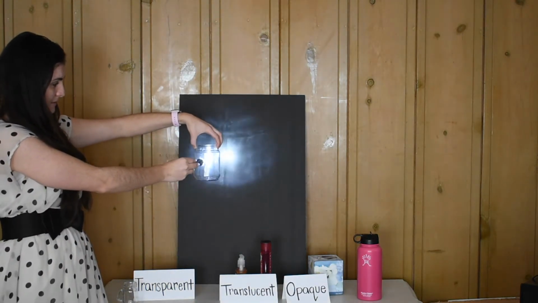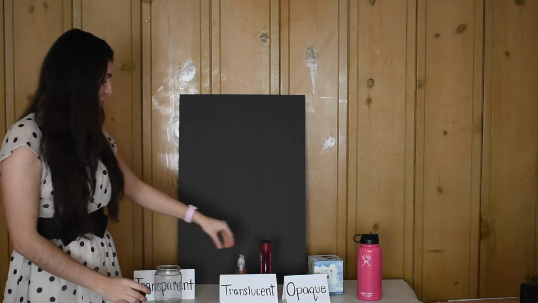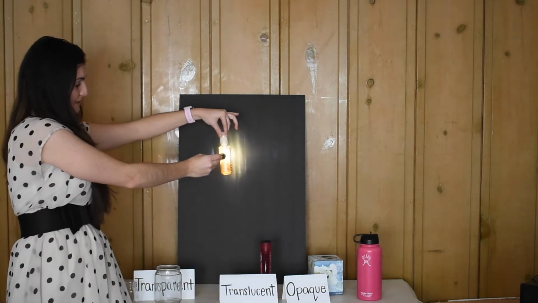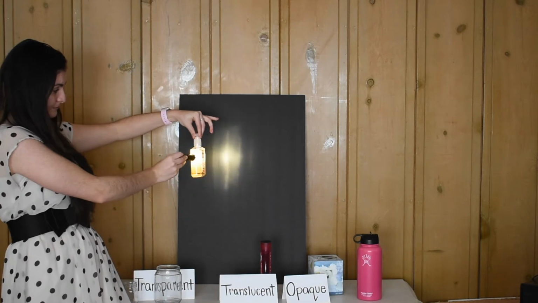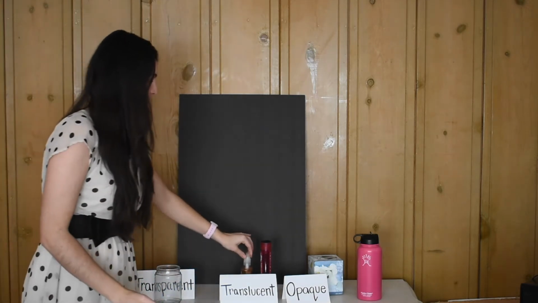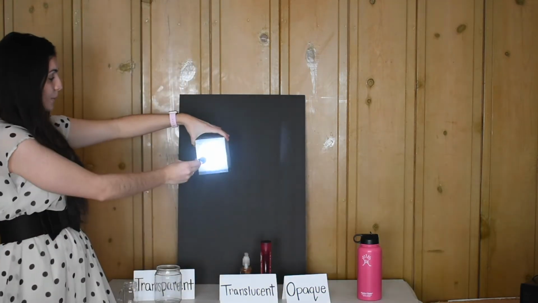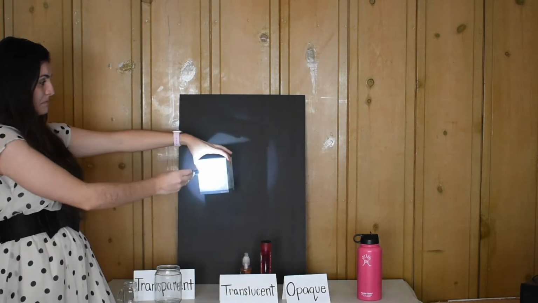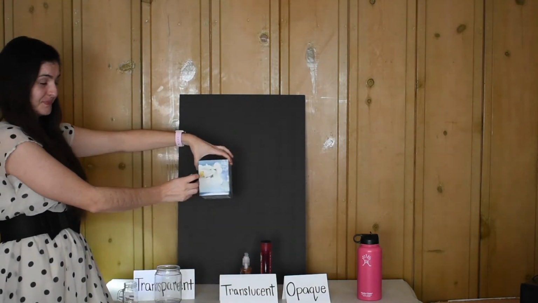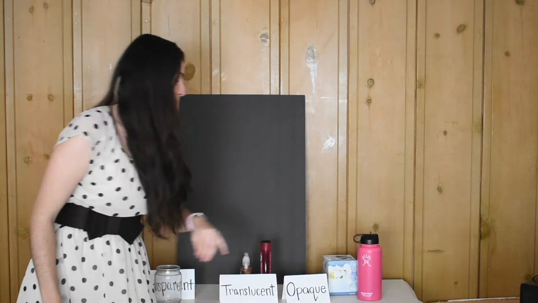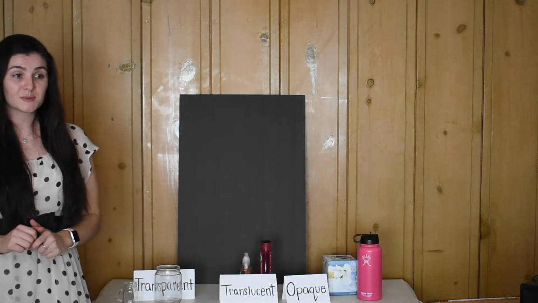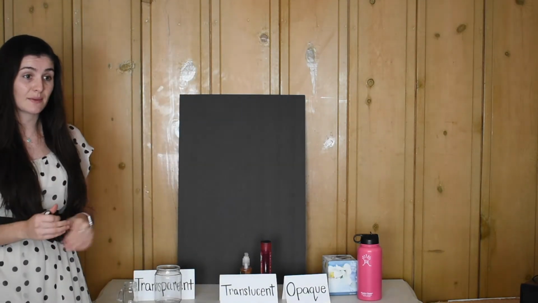Alright, you see that? Alright, what happens when I shine it through a translucent item? Okay. And lastly, what happened when I shined it through an opaque item? Alright, now that you guys saw a little bit about each one, go ahead and talk with your groups, and then we're going to collect together and see what you guys have to say about each item.